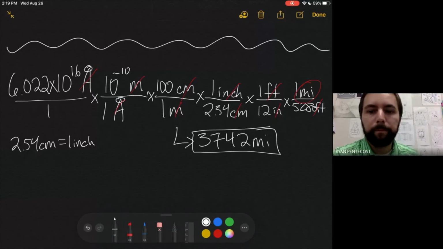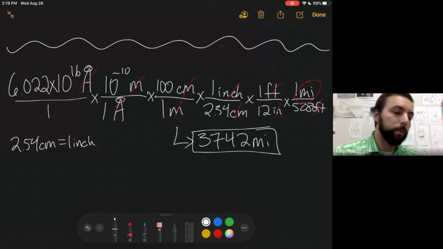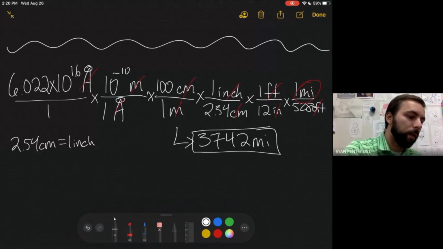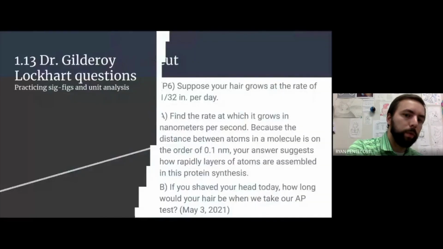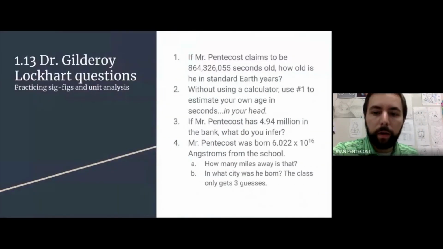Okay. Now, that's how many miles away from this school that I was born. So that's the answer to 4A, how many miles away I was born.